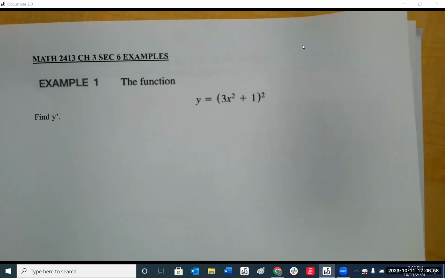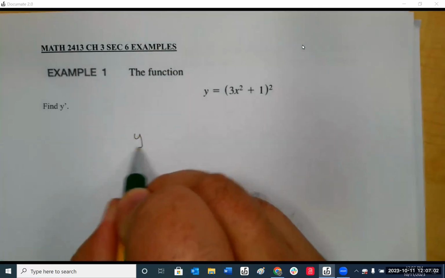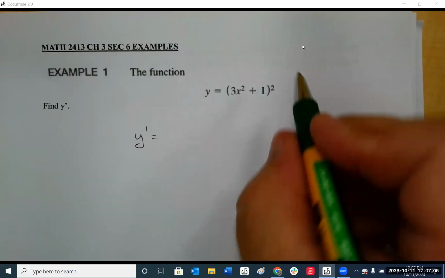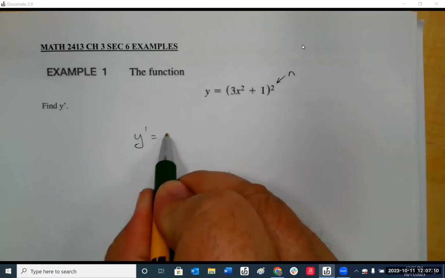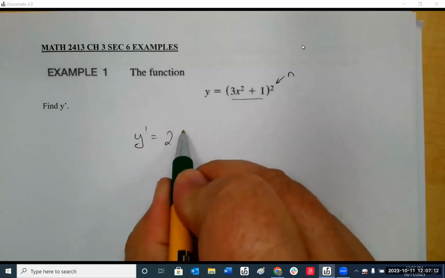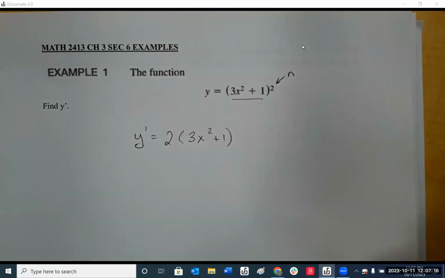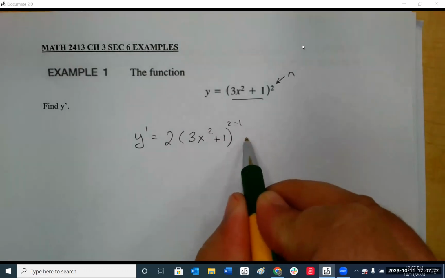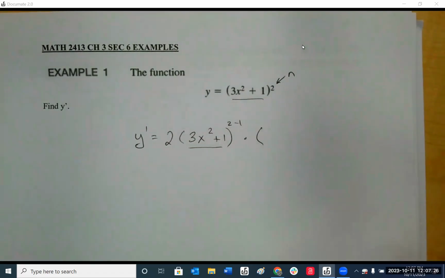So here we have this example. So the derivative, this is our n. So we bring it down, leave the base alone. We have 2 minus 1 here, times the derivative of the inside.